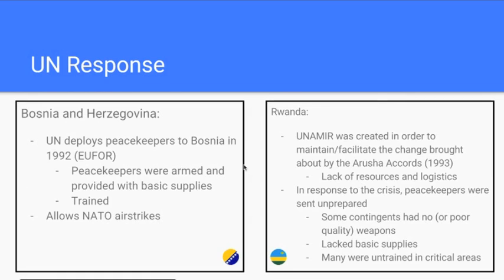Rwanda, however, was severely lacking in resources and logistics. Peacekeepers were sent unprepared in response to the crisis. I meant to say that they were there not because of the genocide. So, yeah, they were just untrained, didn't have basic supplies, and had no or very poor quality weapons.